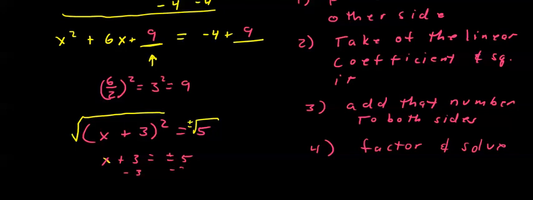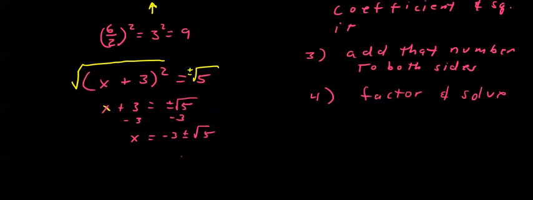Subtract 3. X equals negative 3 plus or minus the square root of 5. Forgot that square root there. So our answer, negative 3 plus the square root of 5, negative 3 minus the square root of 5. You can write the answer like this or like this.